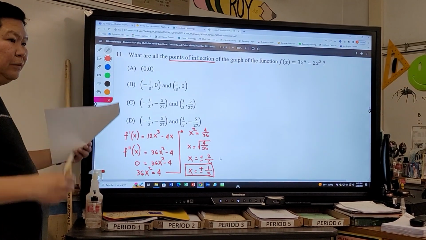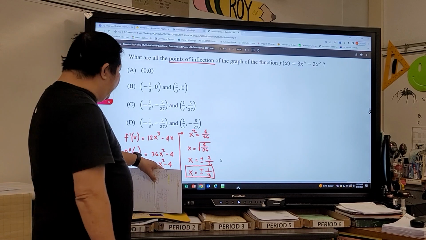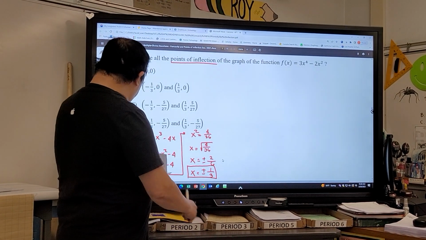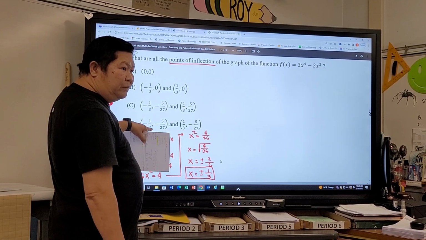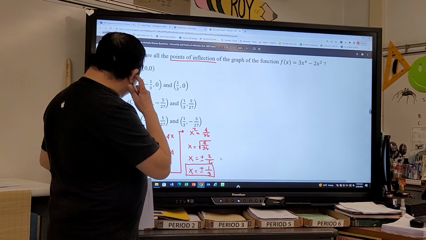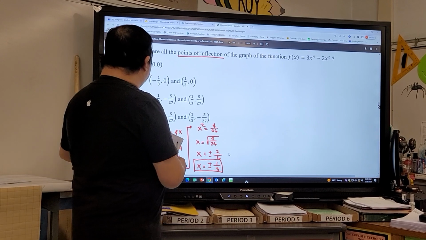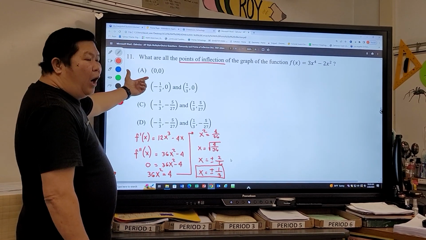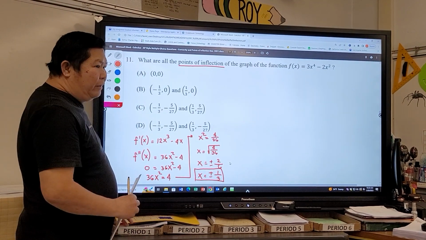We need this because this is x, and the options right here are in terms of x and y, right? So let's take a look first at option A. Is option A inviting to you to answer A?